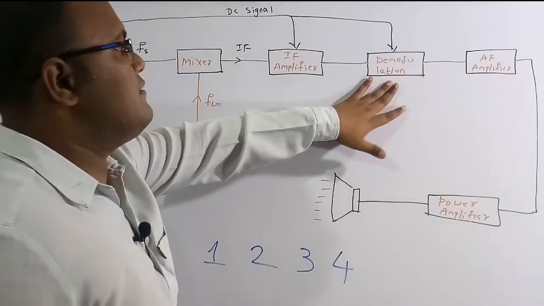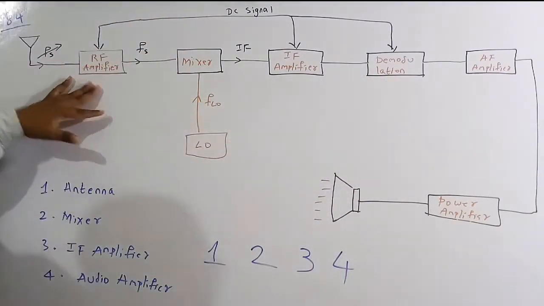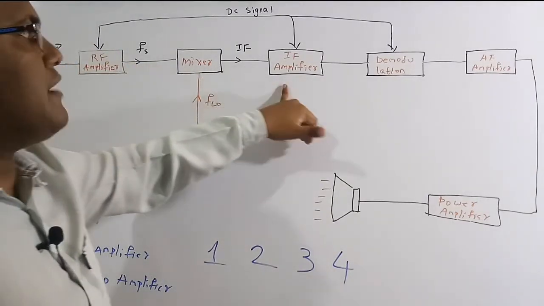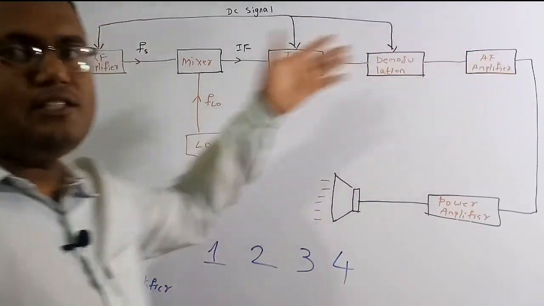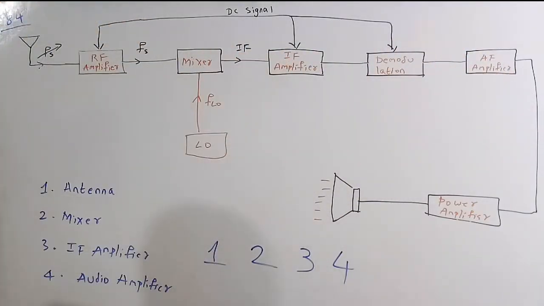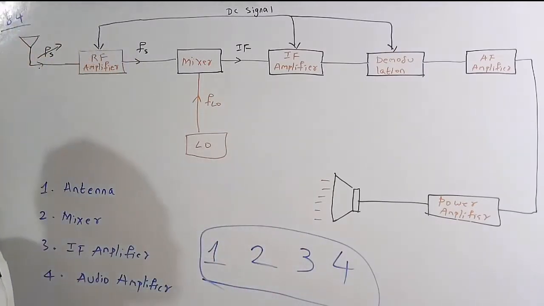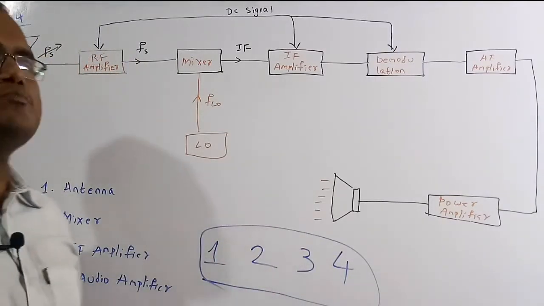In the question they have not given the demodulator and the RF amplifier, but if you see carefully, the antenna, mixer, IF amplifier and AF amplifier are all in sequential order. So the correct solution is 1, 2, 3, 4. This is the correct order as per the block diagram. Now we are going to solve the 85th question.